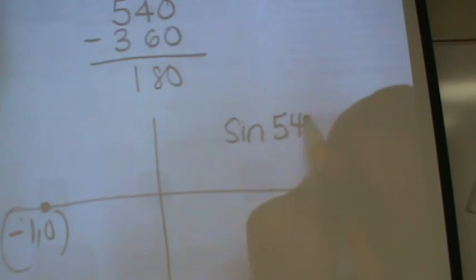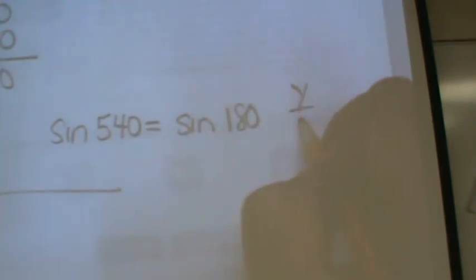In the last one, they give you a 540 degree angle. Where the heck is 540 degrees? Let's subtract 360. What do you get? 180. Where's 180? It's right here, -1, 0. So what's the sine of 540 degrees?